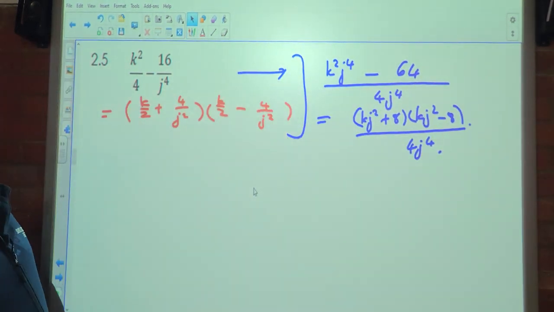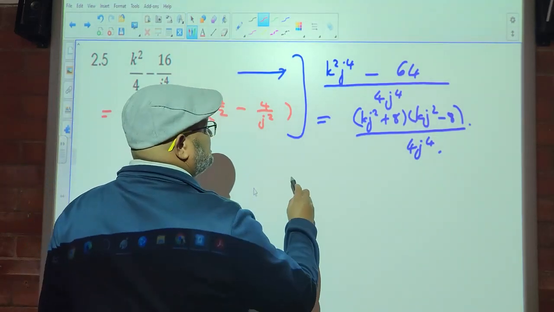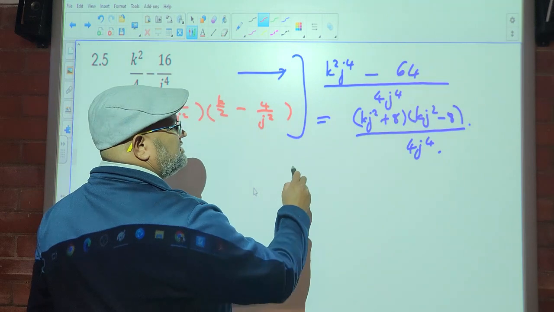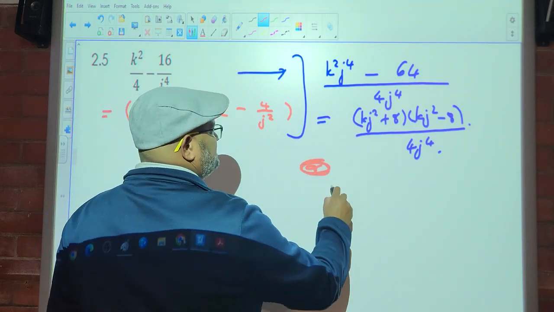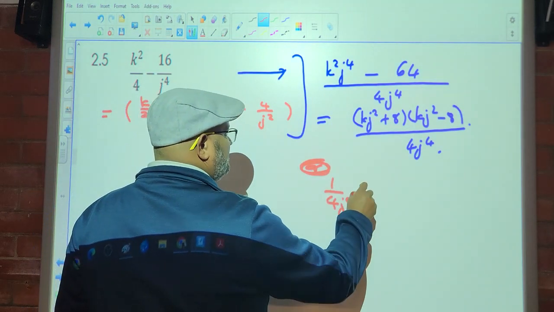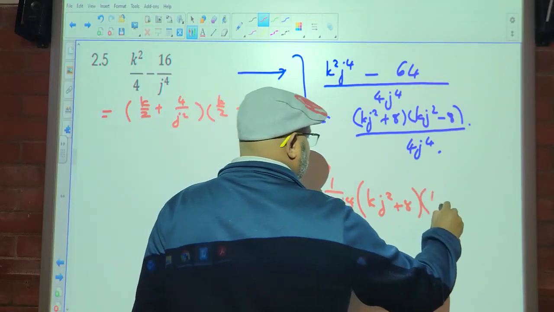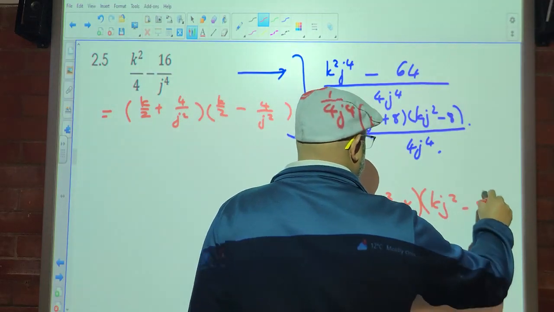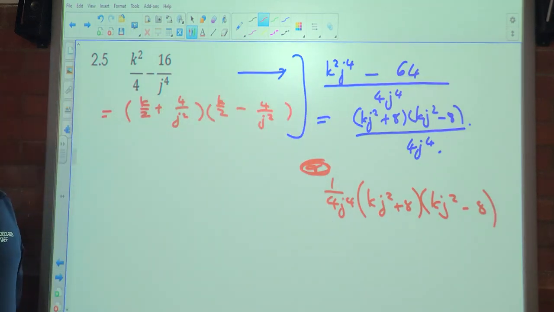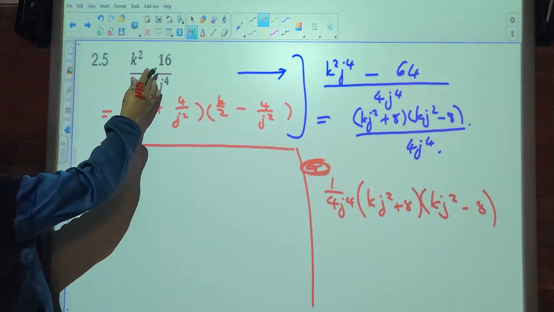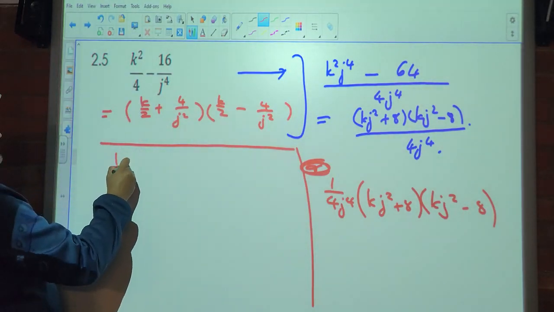Or it could be written as, sorry, did I make a mistake? Or it could have been written as 1 over 4j to the 4 into kj squared plus 8 and kj squared minus 8. All of that is acceptable. What I could have done as well was taken a quarter out as a common factor.